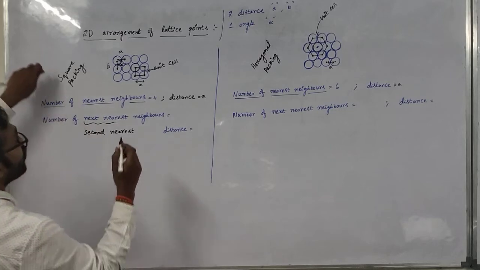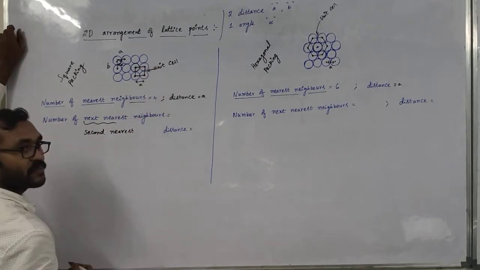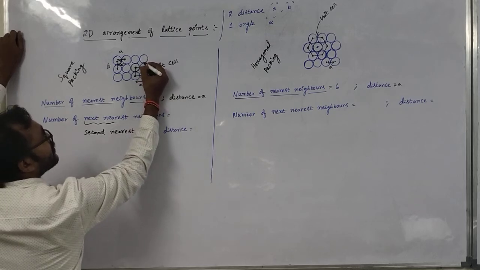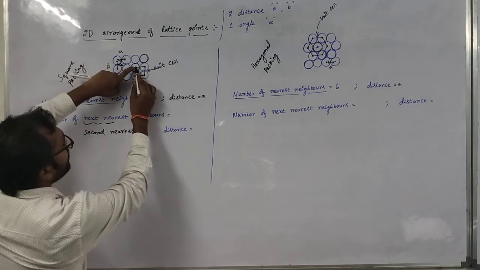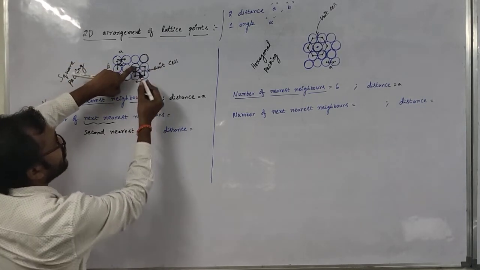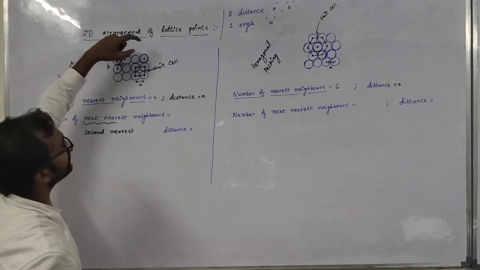Now, see this? For this sphere, this is the first nearest neighbor. What about this sphere? If this is the first nearest neighbor, what about this one? This will be the second nearest neighbor. Now, how many such second nearest neighbors?